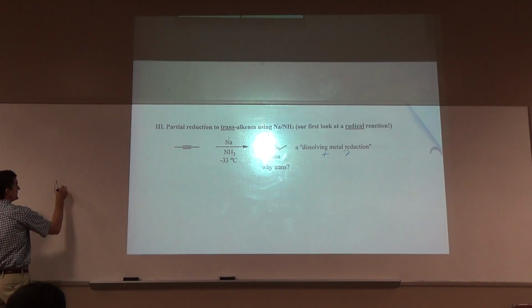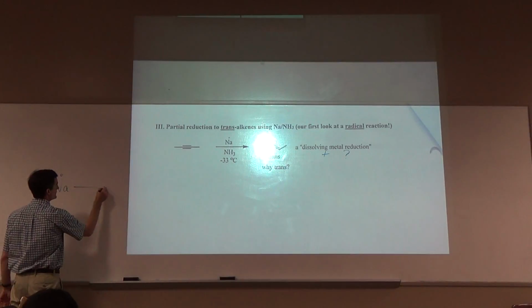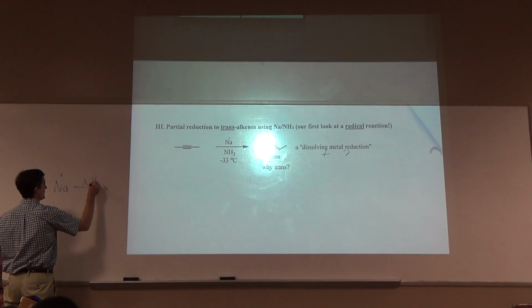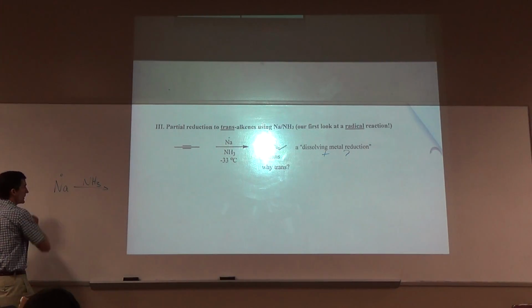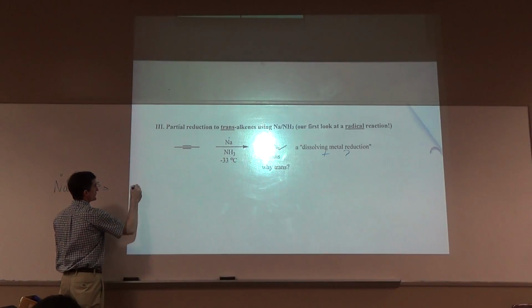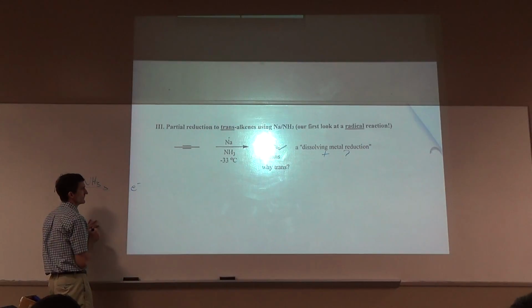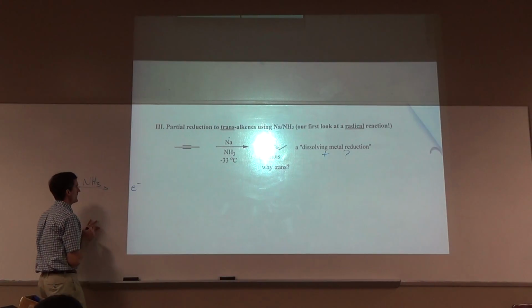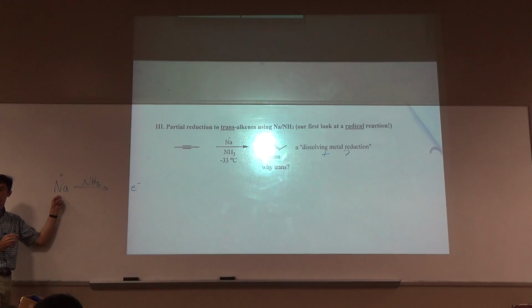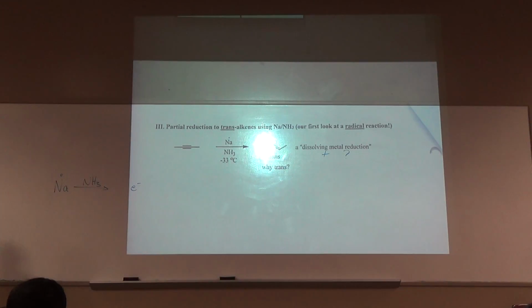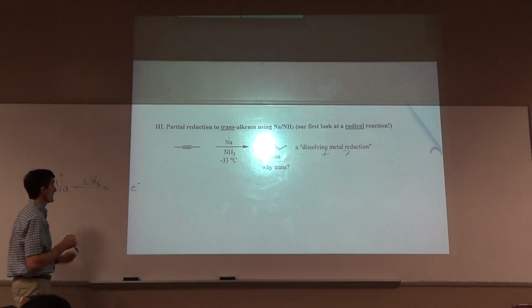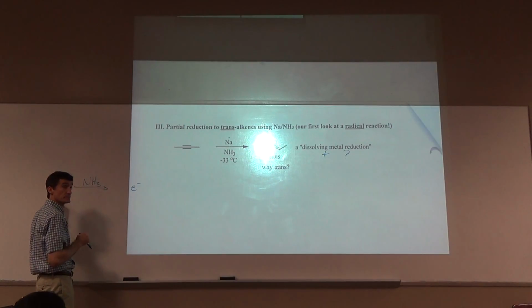The first consideration is if you take sodium metal and put it in liquid ammonia, it will actually give free electrons. The sodium will give up an electron. That's what it likes to do anyway, right? Doesn't sodium like to become +1? It will give up an electron.